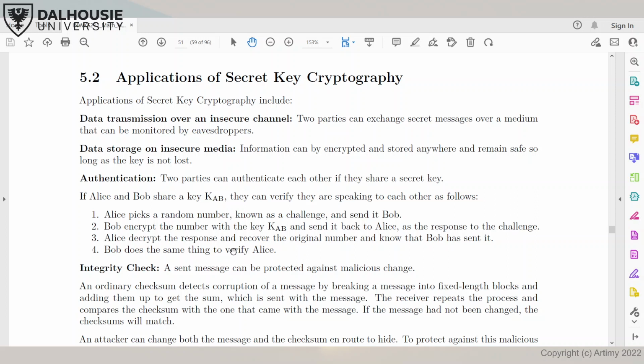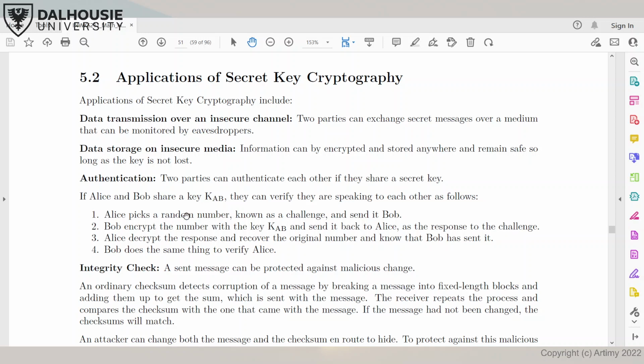So in this simple example, we have Alice and Bob. Both are trying to verify that they're talking to each other. They don't see each other face to face, so they want to authenticate each other. And imagine Alice and Bob is a server and a client in a network setting, right?